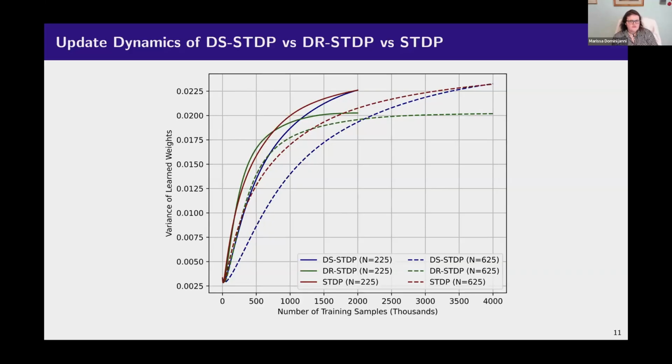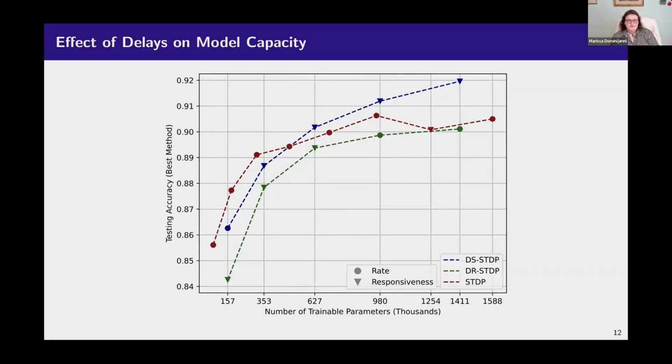And during this, we also realized we had an opportunity to answer a bit of a question, which is, how do delays affect model capacity? And I think this also touches on some other points as we're getting into incorporating delays in models more broadly. Some work has been done on this before, using a surrogate gradient method.